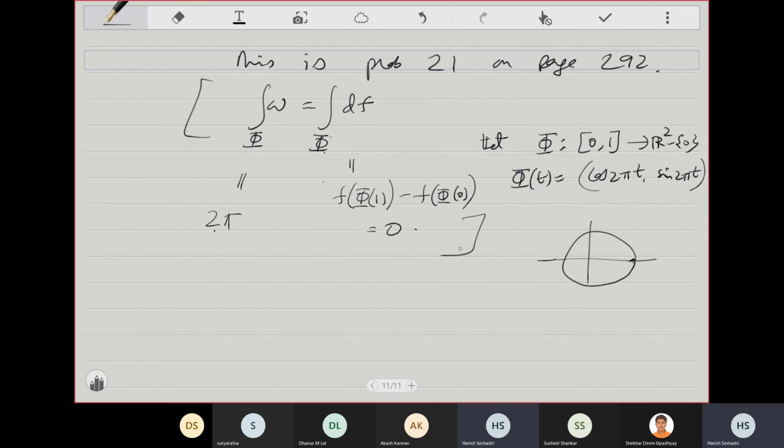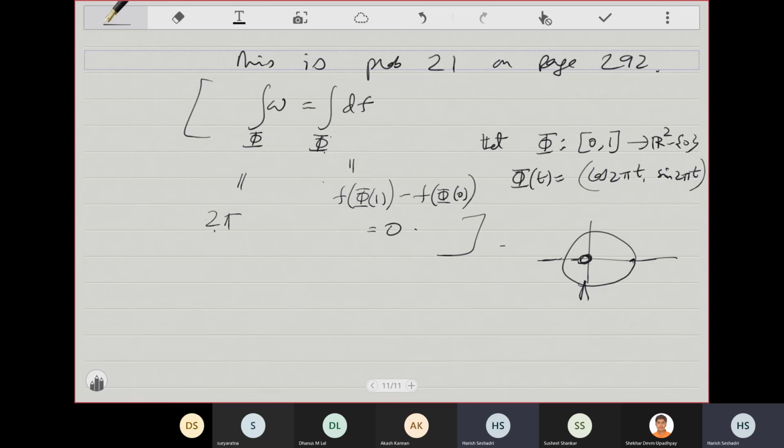So the point is that df integrated on the circle, in fact, it's not so important. One can show that the circle is not important.